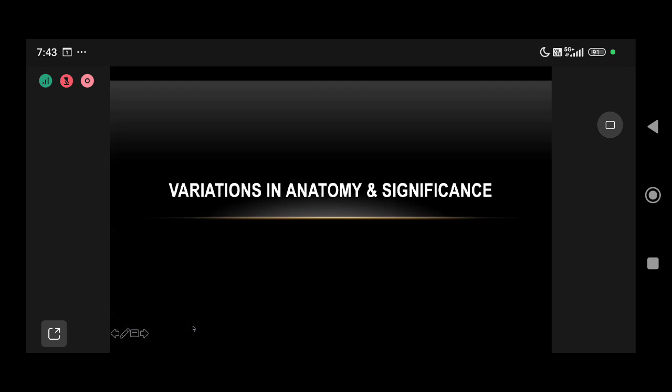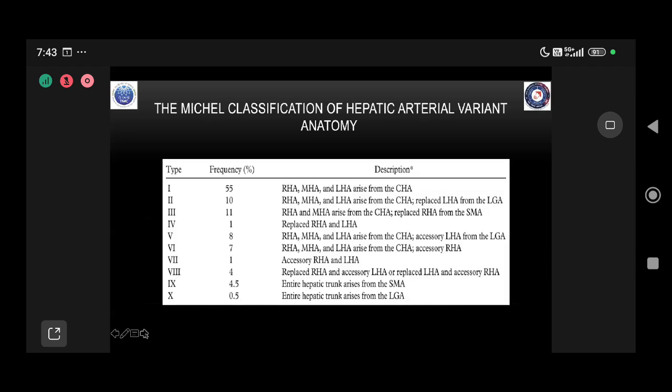So variations in anatomy are a rule rather than the exception. So we must be aware. This is more so in a transplant setting, but identifying them during surgery is also important, and I'll show you why. Arterial anatomy, as you can see, this is the classification of variant arterial anatomy for the hepatic artery.